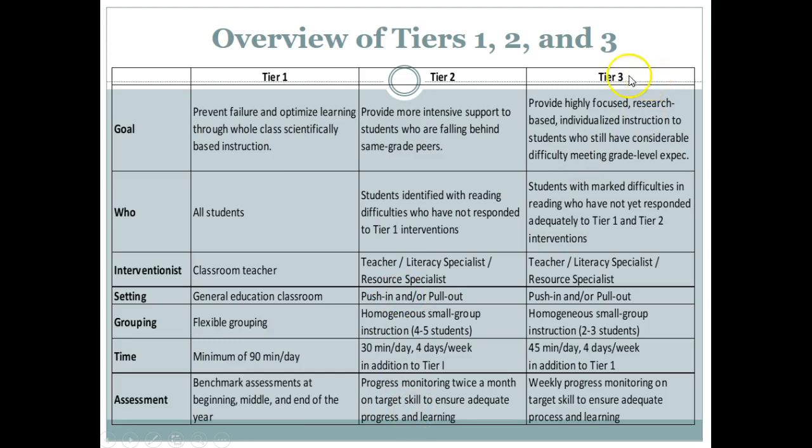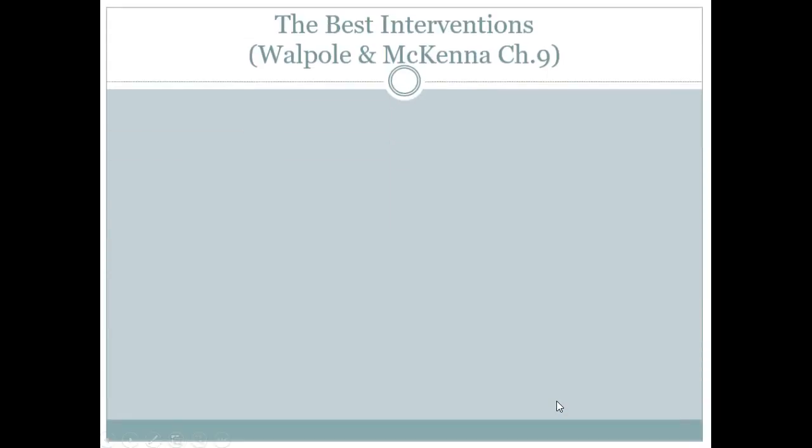And then lastly, in Tier 3, this is even more focused, individualized instruction for those high need students, after they haven't been responding in Tier 2 or Tier 1. Similar things here, however, you see the intensity increase as the group size gets smaller, the duration of time gets longer, and the progress monitoring is more frequent.